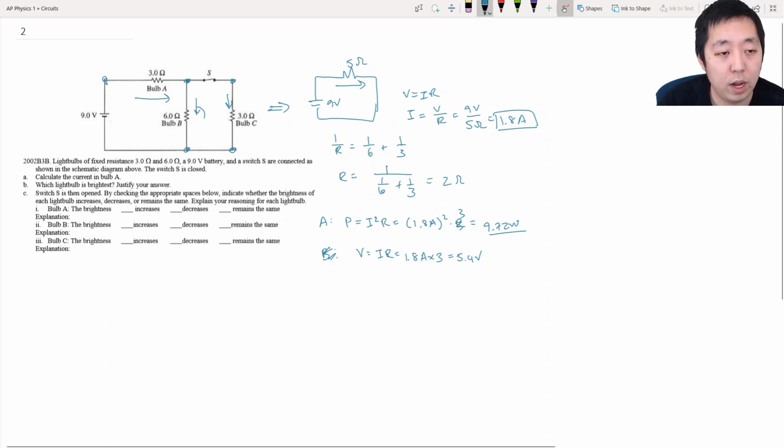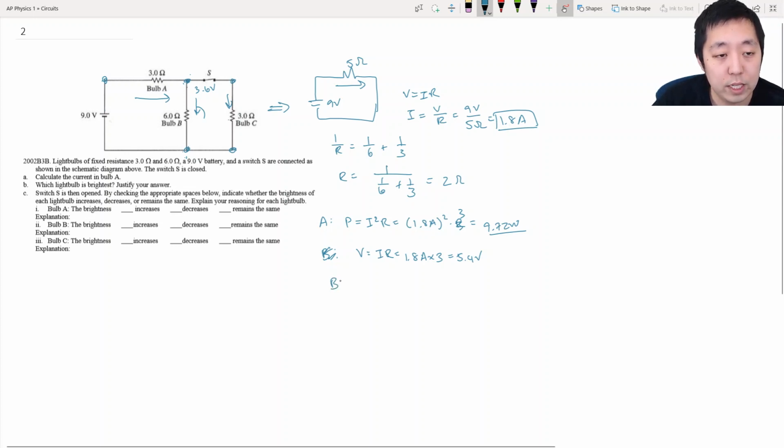If the total drop has to be 9 volts, this drop has to be 3.6 volts across these two resistors. Basically, this voltage drop plus this voltage drop have to equal 9. And if it dropped 5.4 volts here, it has to drop 3.6 volts here.